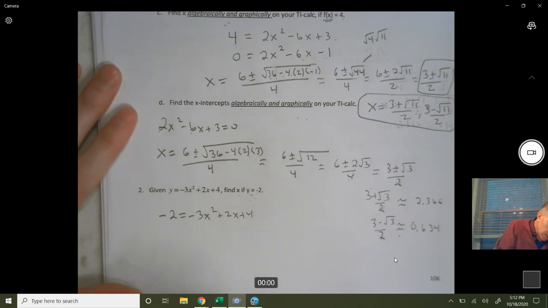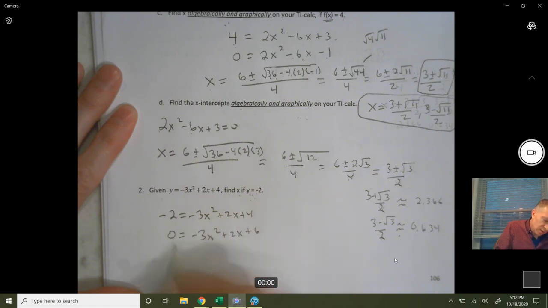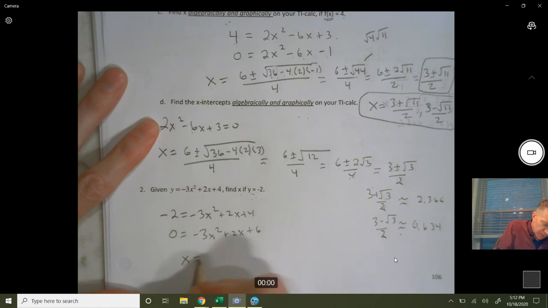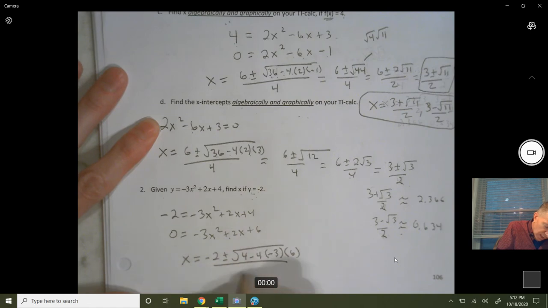Add 2 to both sides, 0 equals -3x squared plus 2x plus 6. Okay, solving for x using the quadratic formula, opposite of b, plus or minus square root of b squared, 2 squared is 4, minus 4 times -3 times 6 over 2 times a.